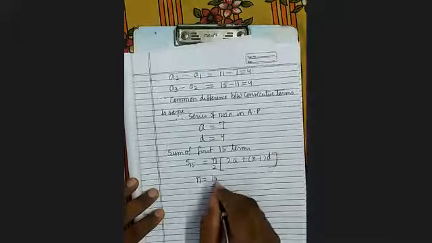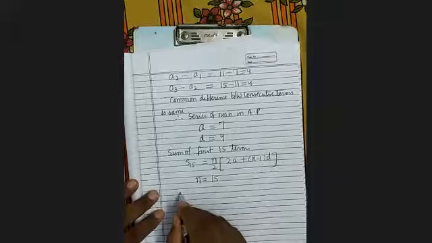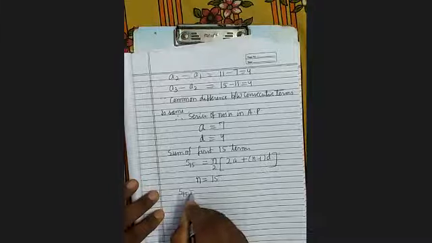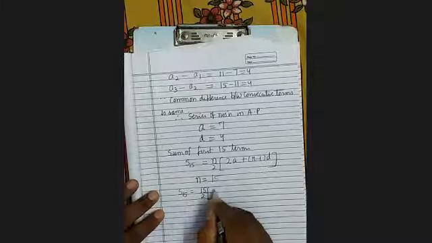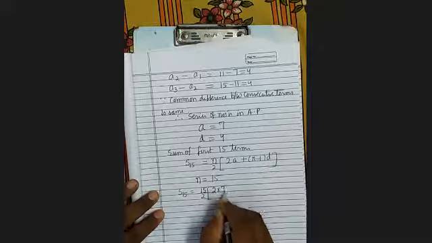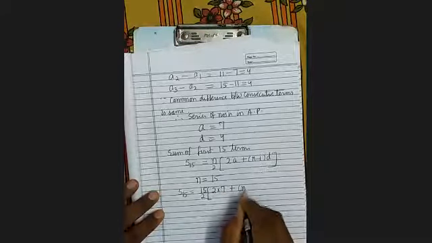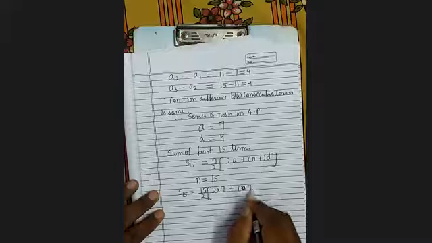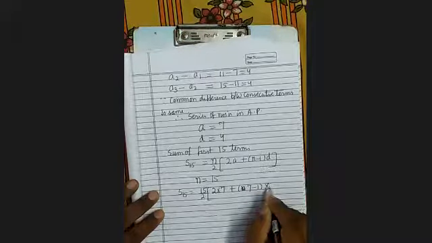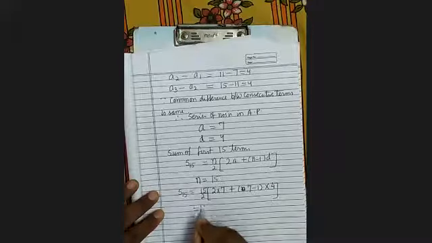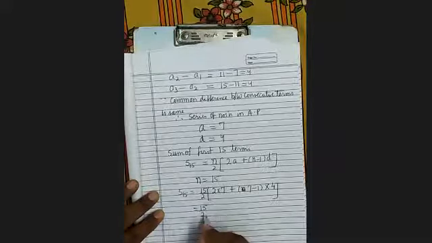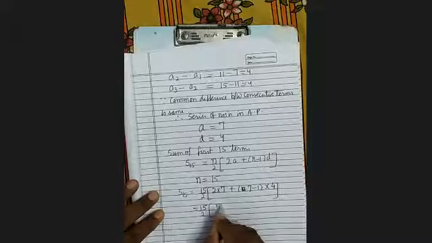So S15 equals 15 by 2, 2 into 7, 14, plus n minus 1, that is 15 minus 1, into d which is 4.